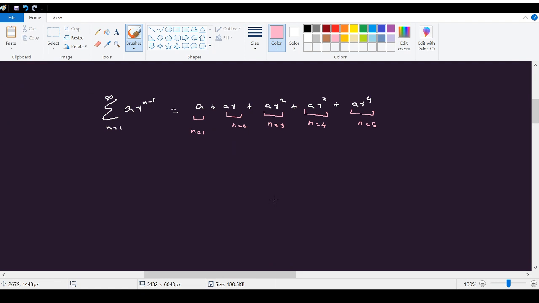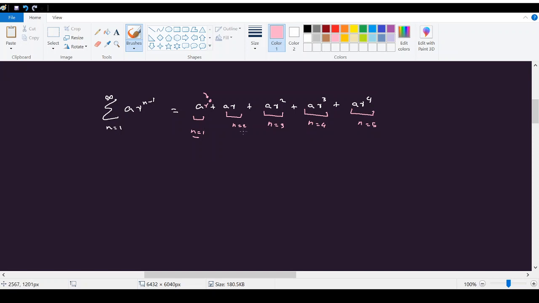And as the final part of the geometric series, let's have a look at this one once again. Here, in the first term you have r to the power 0, right? So always the term number and the power of r have a difference of 1 unit.